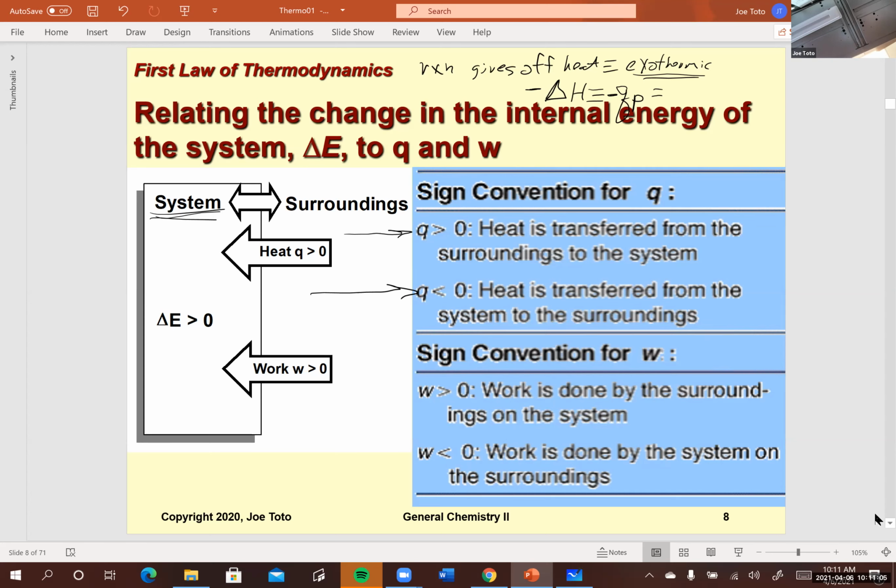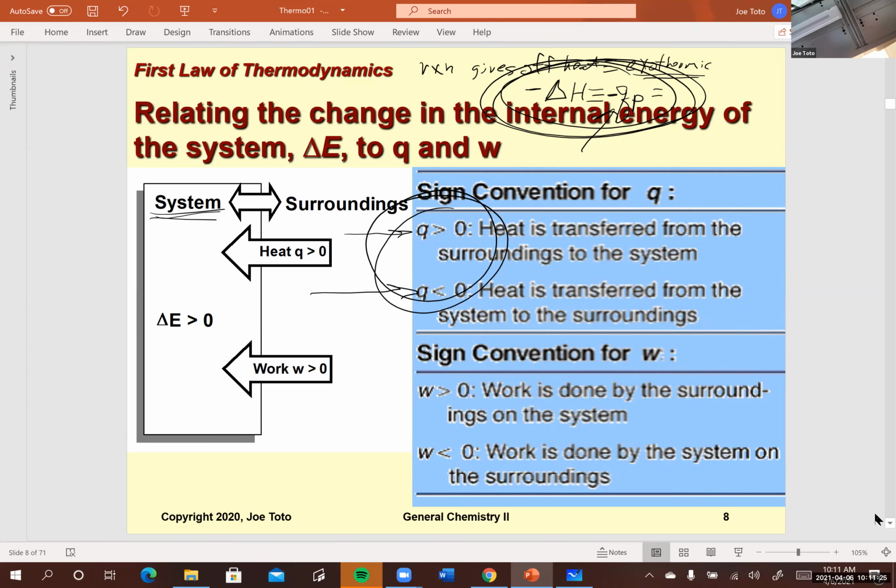So by analogy with something you already know, you can figure out the signs for heat into or out of the system, just like delta H, because under certain conditions of constant pressure, delta H equals Q.